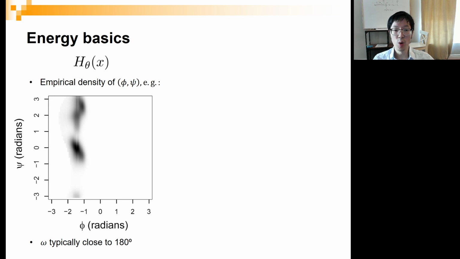Well, we simply went to the Protein Data Bank and we extracted the angles seen in real protein structures, and basically this is just a 2D empirical histogram of the density. So this can be used to form an energy for the angles because generally, if we were looking at a new unknown structure, the regions of the angle space which are more likely would be the regions where we saw more of those angles in existing structures.